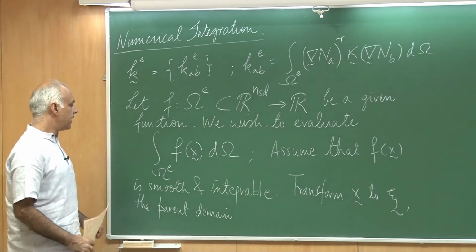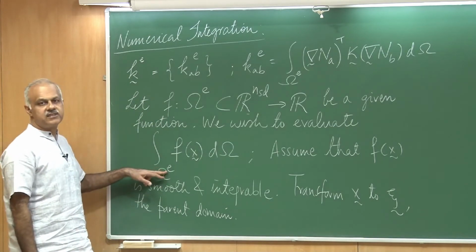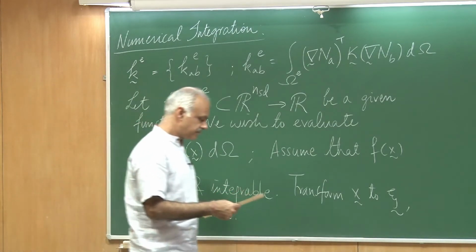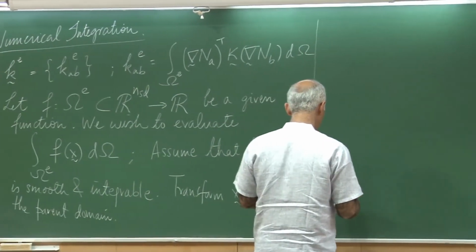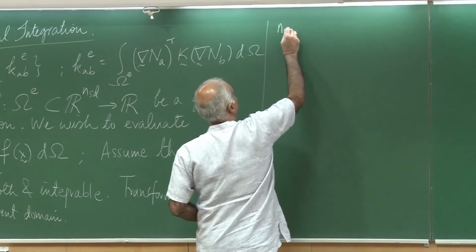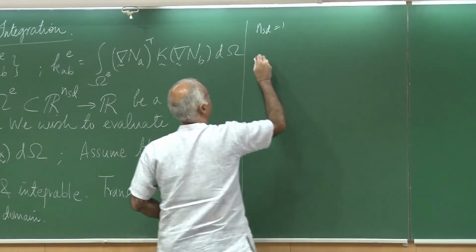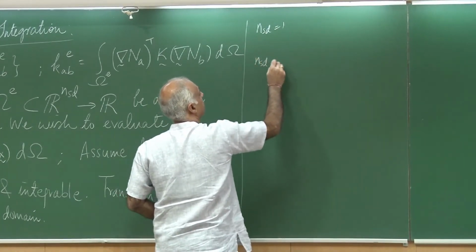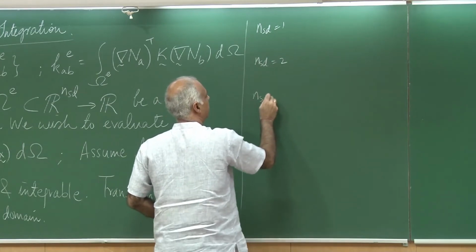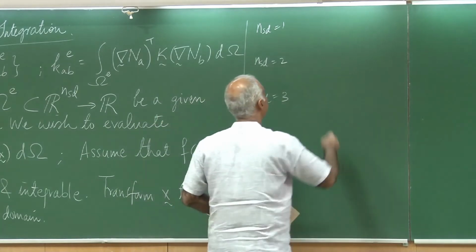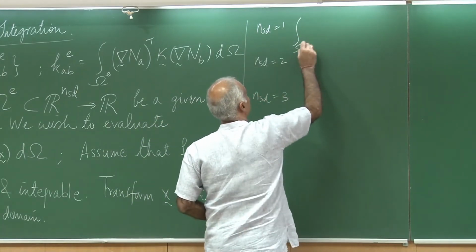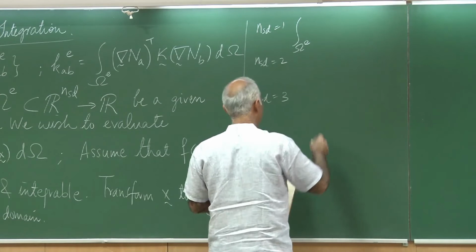And that would bring all element level integrals to exactly the same template. So, let me elaborate this now for different values of NSD. So, let us do NSD equal to 1, 2 and perhaps 3.